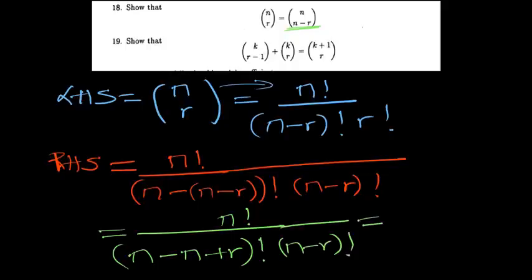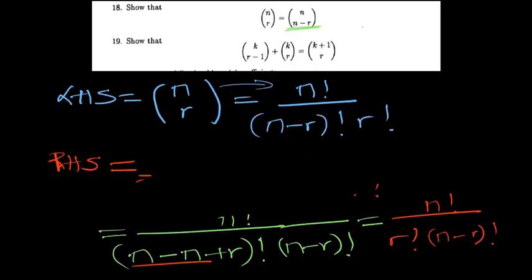If we simplify that, we remain with n factorial on top. In the denominator, n minus n is 0, so we remain with r in the brackets, that will be r factorial, and then n minus r factorial.